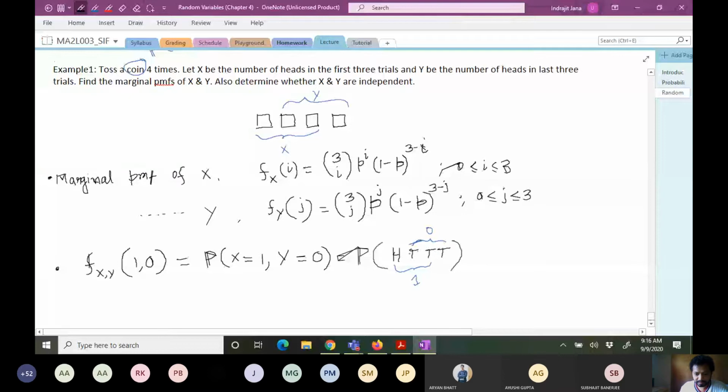So this is the only case where you have x is equal to 1 and y is equal to 0. The probability is that the first one is a head, which is p, and all last 3 are tails, which is (1 minus p) cubed.